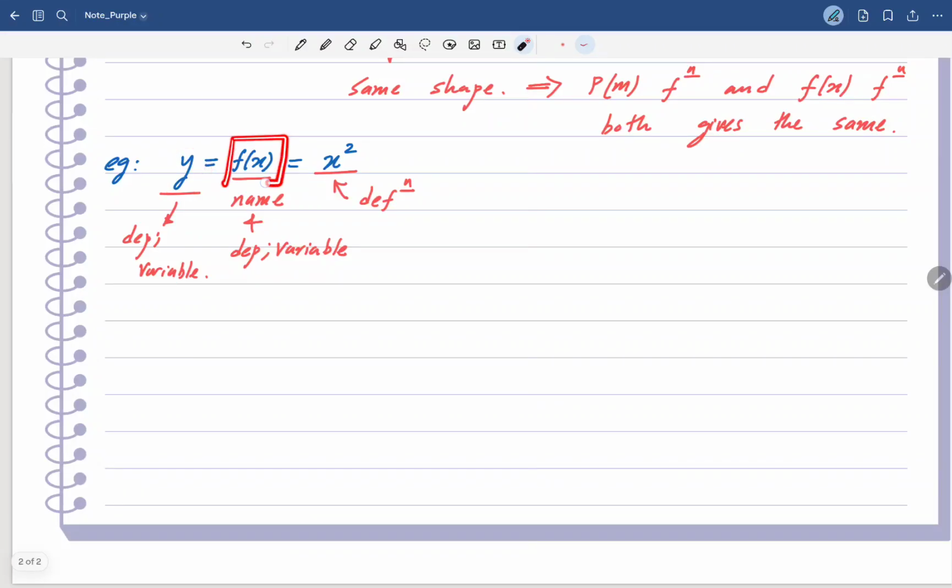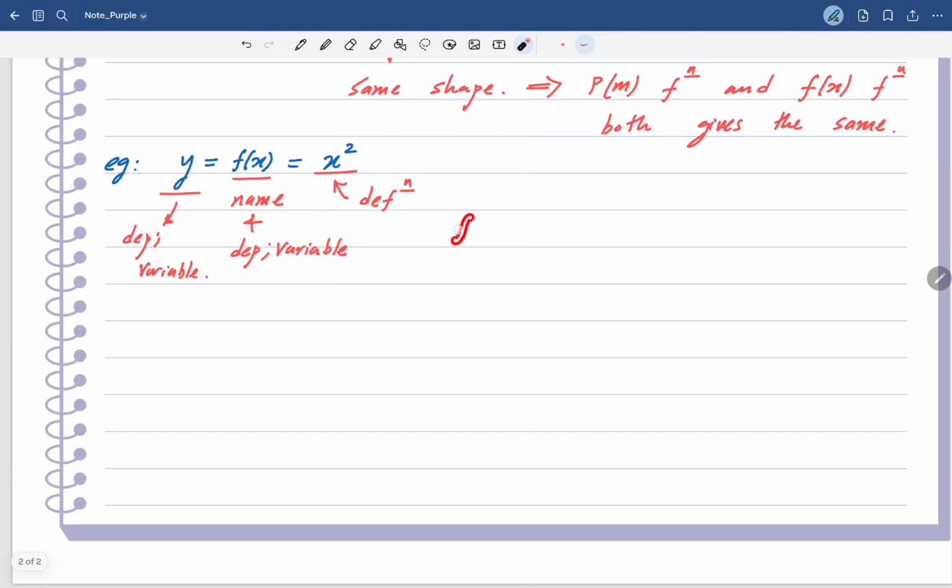Now why is this beautiful? Because it shows you the name of the function. The name of the function is the f function, and this whole thing, not just f of x, is the dependent variable. And one extra thing, this description shows you the independent variable. So that means this name will tell you upfront the independent variable of the function, that is x. So when you see this x here, you are expecting some x terms here.